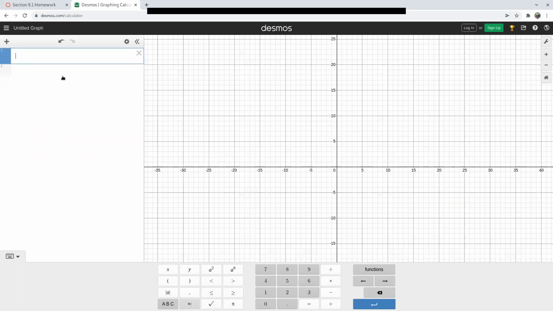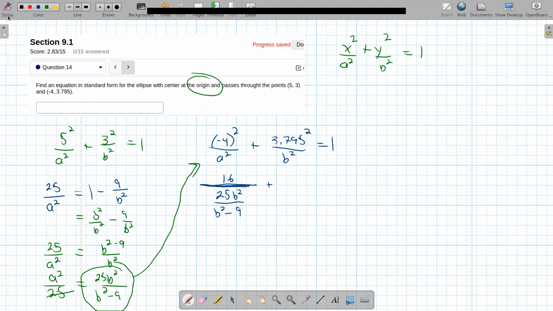So 3.795 squared is 14.402025, divided by b squared is equal to 1.